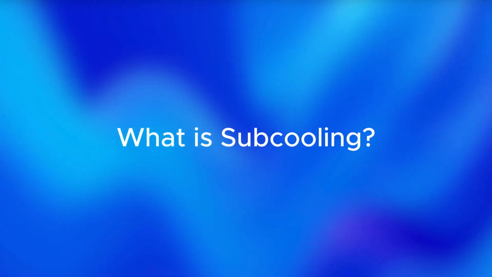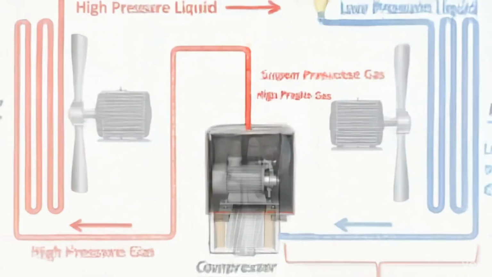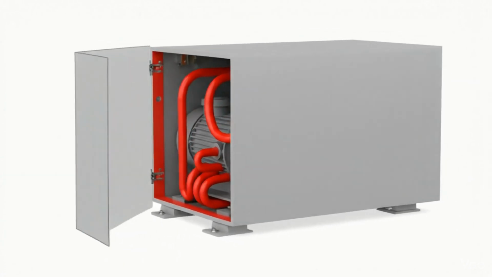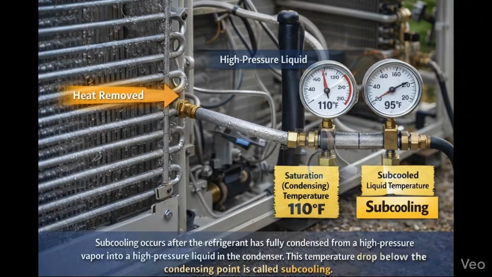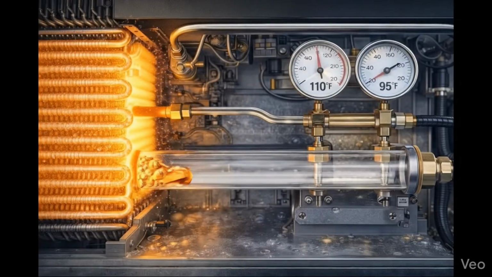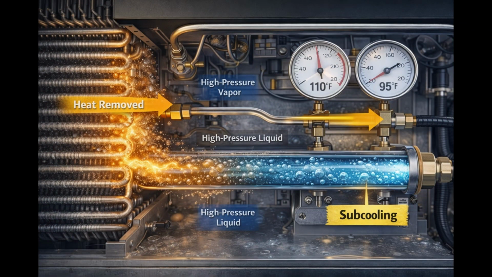Let's try to understand what subcooling is. Subcooling is actually the opposite. It is the temperature of the liquid refrigerant below its condensing point. In the condenser, once the vapor condenses into a liquid, that liquid continues to lose heat. This extra cooling is called subcooling.